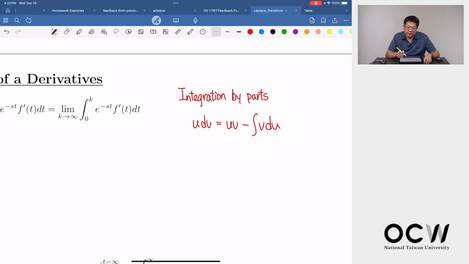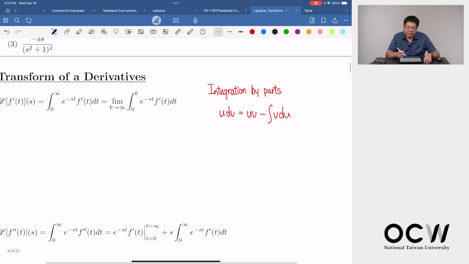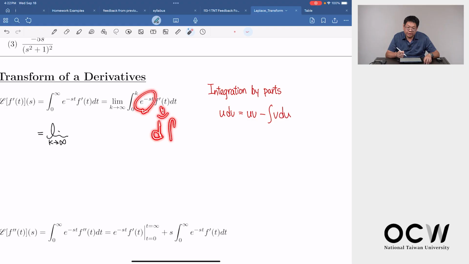And apply this concept to this integration, we have limit k goes to infinity. Okay. U dv, you can think about this is u dv equals uv minus integration v du.